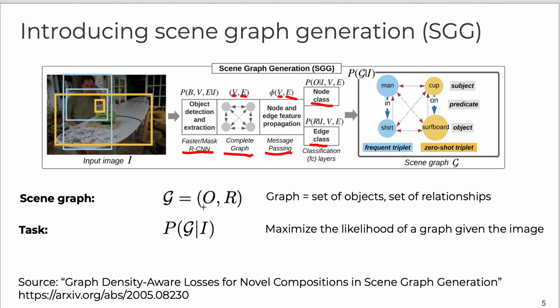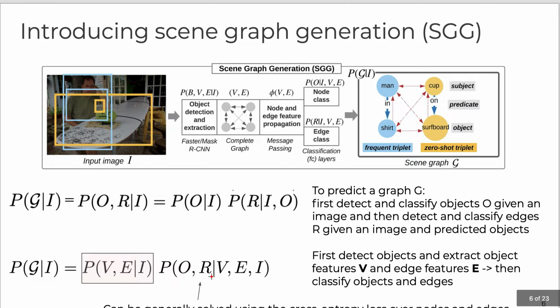Okay, so this is the notation for the graph: a set of objects and relationships, and the task is to predict a graph given an image. To simplify this problem, as I mentioned, people usually apply some object detectors.